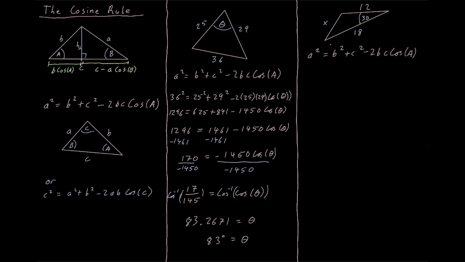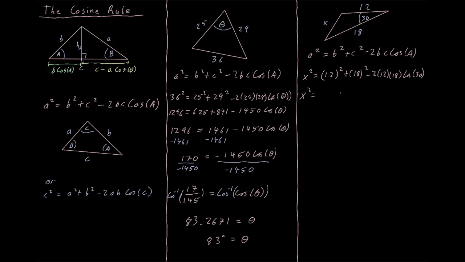Then we can work down, we can sub in: x squared is going to be 12 squared plus 18 squared. It does not matter what order these two are in, because they're just added or multiplied. Cos of 30. So then we start to tidy all of that up.